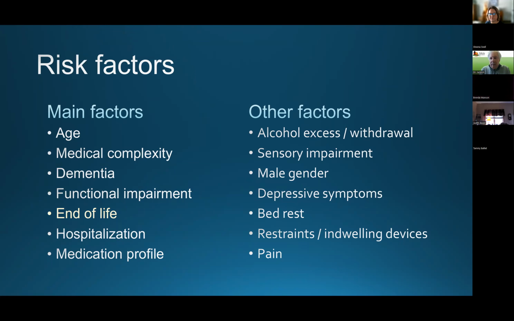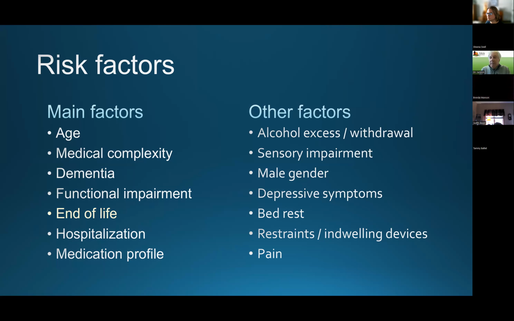Very clearly, cognitive impairment and dementia are a risk factor with at least twofold greater risk of delirium when you have memory disorders. If you have a functional impairment, so if you have a gait or mobility problem, an activity of daily living that has a deficit or needs partial assistance, that's also a risk factor.